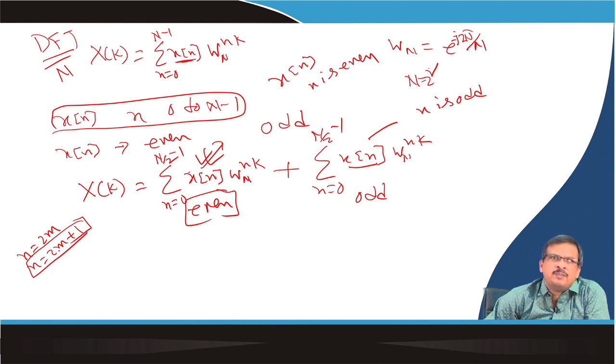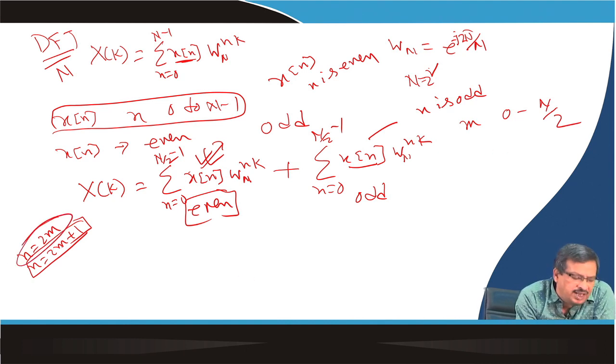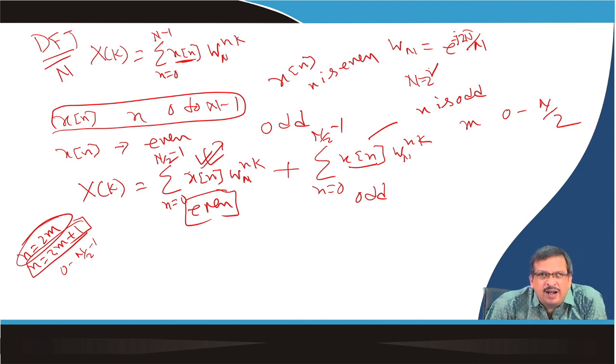If m varies from 0 to N by 2 minus 1, I get N by 2 even numbers, and similarly N by 2 odd numbers.